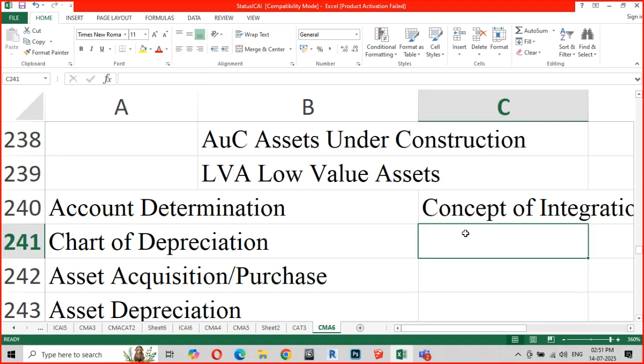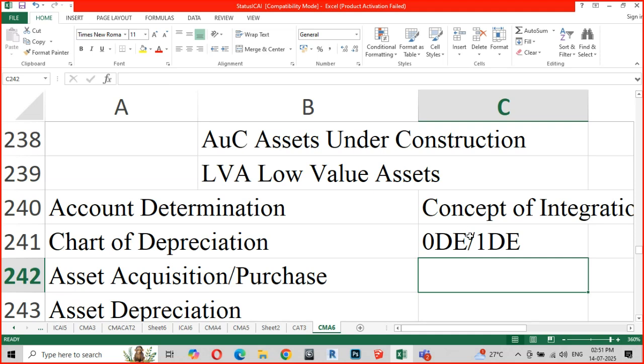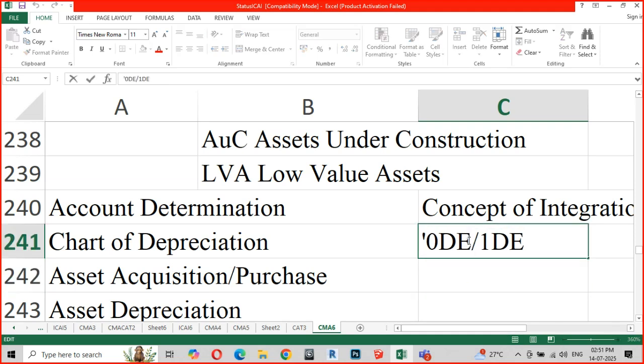On the other hand, you have the standard chart of depreciation already provided by SAP, and the standard chart or charts of depreciation is identified by the code 0DE or 1DE. Why 1DE or why 0DE? Why those names? SAP standards. This is all what I can ask.